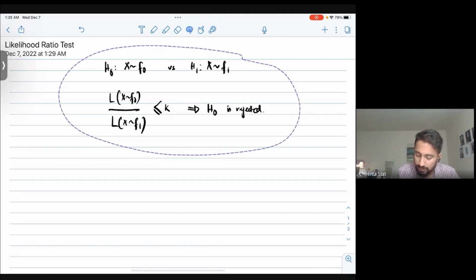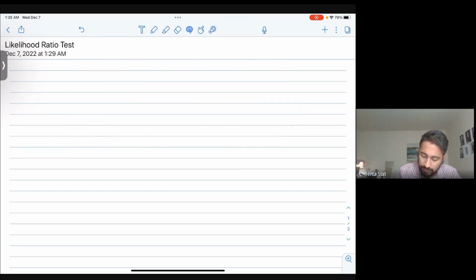So what we'll do is define a quantity that is similar to this quantity. We call it the likelihood.